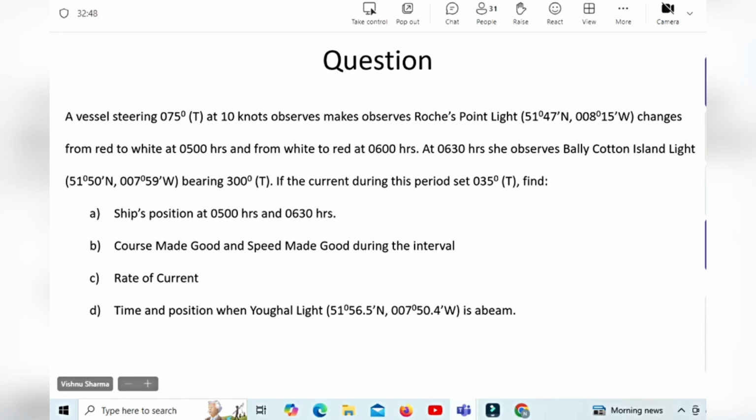Because Roche's point changes from red to white and white to red at 5 o'clock and 6 o'clock. So that means these two PLs intersect at Roche's point. And the third one is from Belle Cotton. So obviously that will not be meeting at Roche's point. So they can't be intersecting at one point. In such a scenario, the only option for you is to go ahead with the fish triangle.